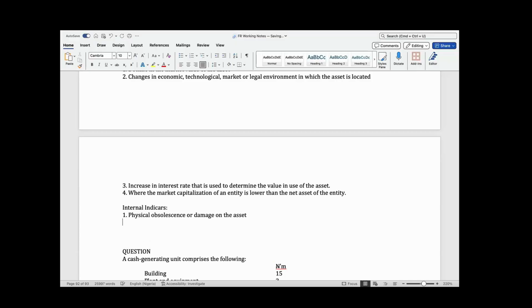The asset is looking obsolete or there was damage, for whatever reason, whether fire outbreak or what have you. Then it is an indicator that there's a problem.